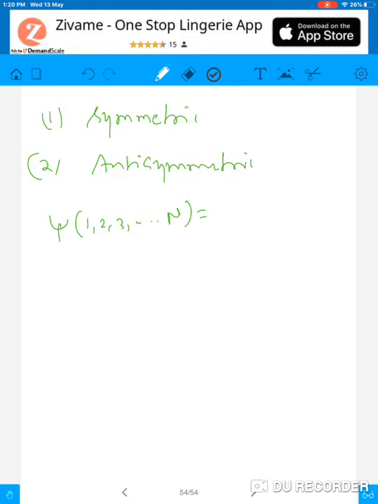But our discussion is only for identical particles. So the total wave function will be somewhat like psi 1, psi 2, psi 3, psi 4, and so on, up to psi n. However, the Hamiltonian can be written in additive form.